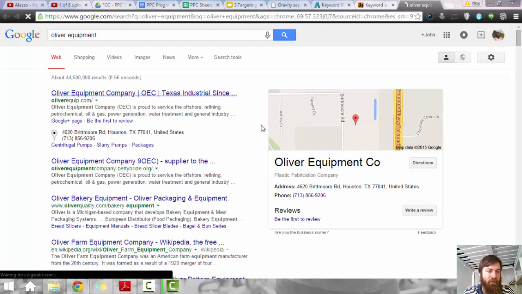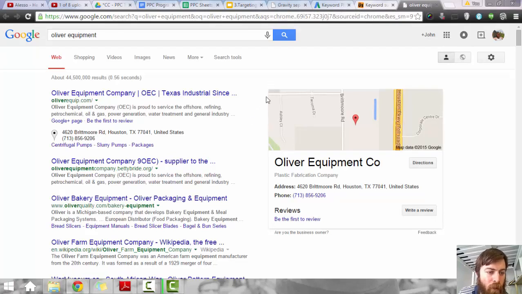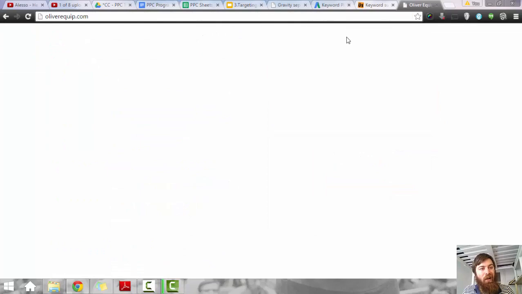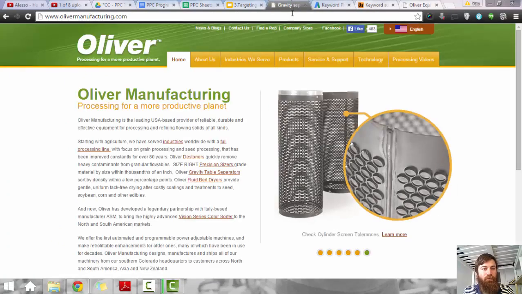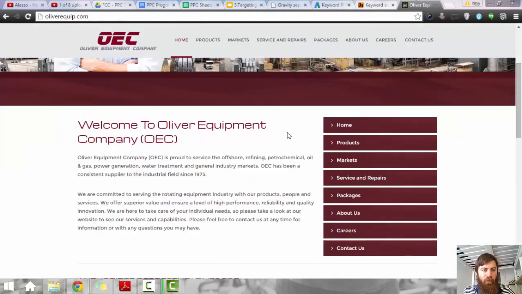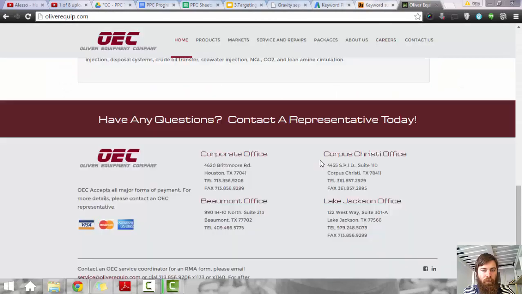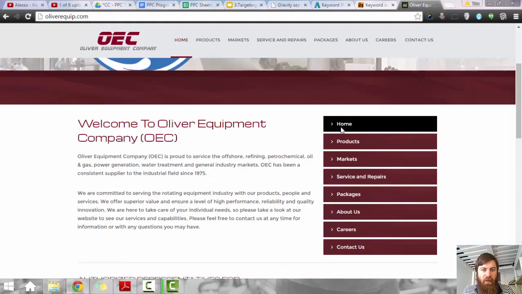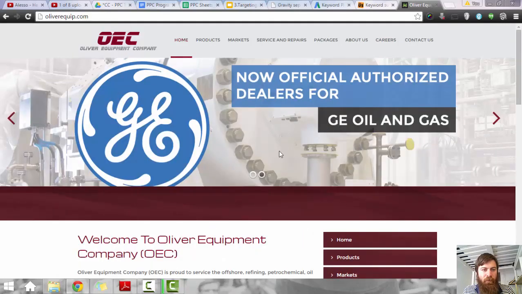And this looks like a different company from Oliver Manufacturing, because it's based in Texas, whereas the other company was based in Colorado. So this is a completely different company.